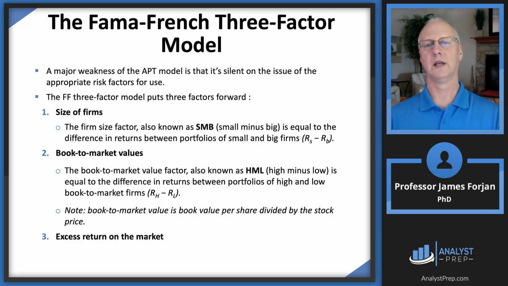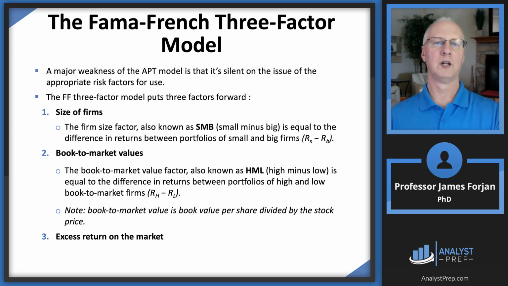Now let's go to what's kind of a unique midpoint between those multi-factor models that we started with and the arbitrage pricing theory that we just talked about here. Notice my first bullet point there. It's silent on the issue of the appropriate risk factors to use.